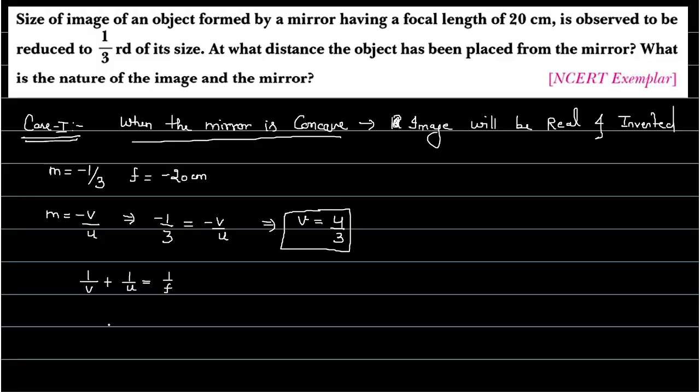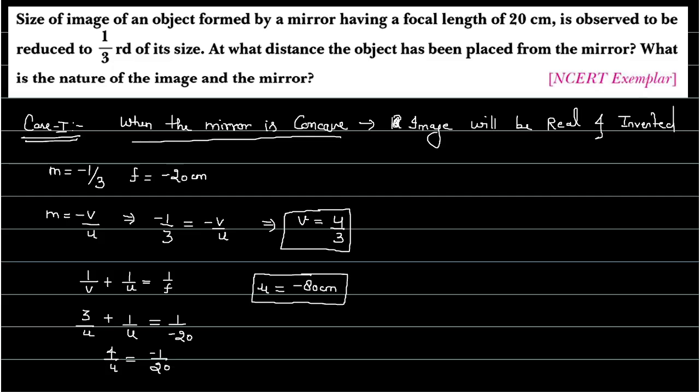So v is u/3, so 1/v is 3/u, plus 1/u equals 1/f, and f is -20. So this comes out to be 4/u equals -1/20. So from here u comes out to be -80 centimeter.